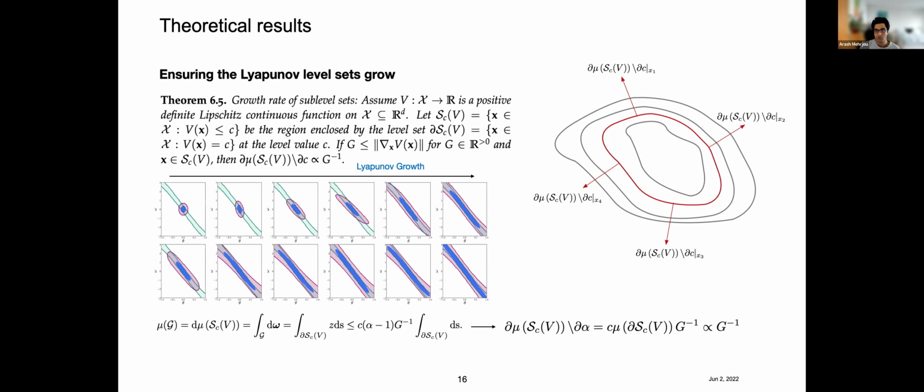And so what we did, for example, in these figures on the left, you see that there are two regions. One is the blue region, the other one is the pink region. The blue region is the inner estimate of the region of attraction. The pink region is where we do the sampling. And the difference between these two is obtained by multiplying the level value of the Lyapunov function with some number which is larger than 1.